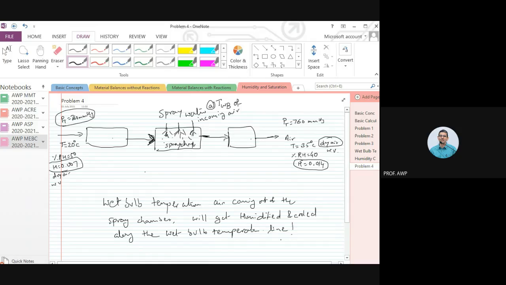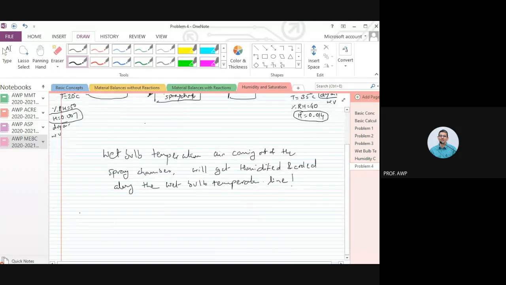Imagine, suppose you have a room, and I have some water in that room. This water will be cooler than this room. Suppose the room temperature is 30 degrees centigrade. This water, if I take it in a bucket, will come to maybe 24 degrees centigrade. Why?